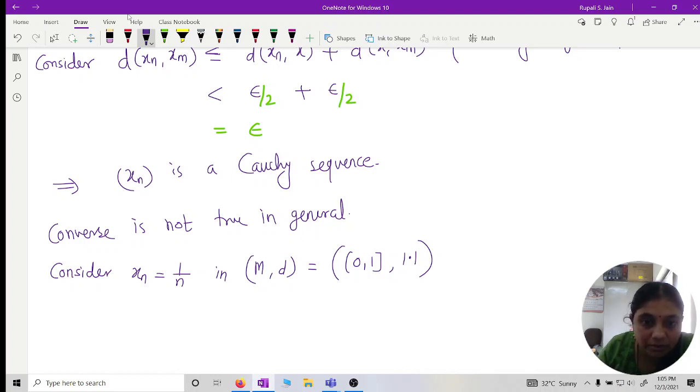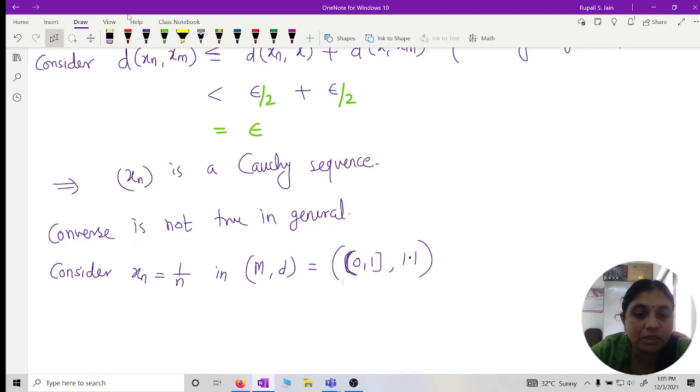What is the limit of 1 by n? Just a minute. 0. The limit is 0, but 0 does not belong to this metric space.